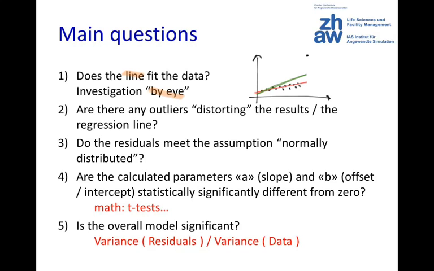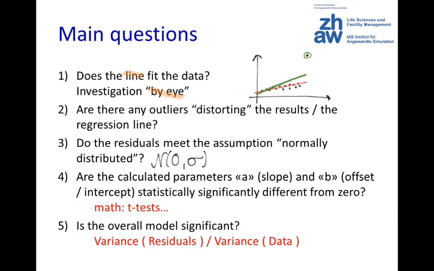Outliers can lead to the fact that the actually approximated data, approximated through the red line, is distorted, and the regression line becomes the green line due to the outlier lying very far away. So the outlier should possibly be removed. Then the next question: do the residuals meet the assumption of being normally distributed? We will see how we check that.